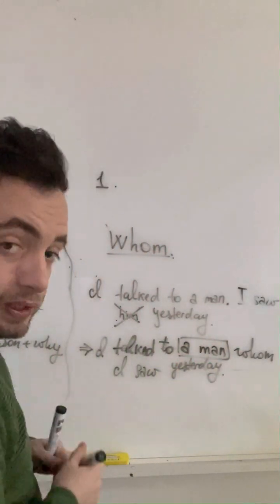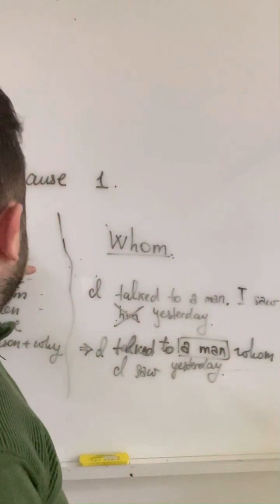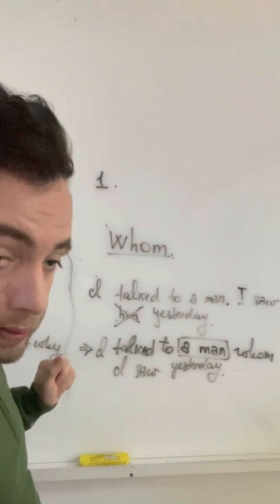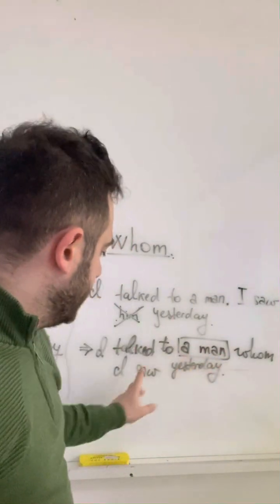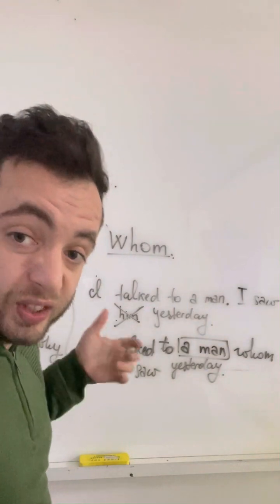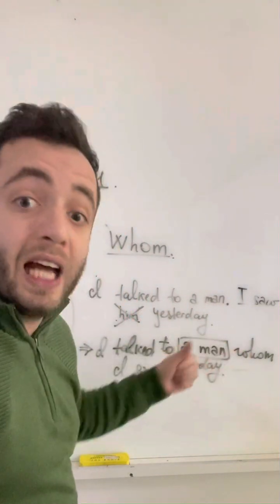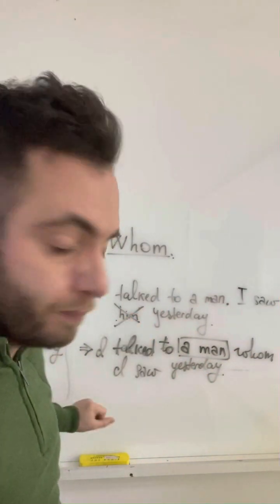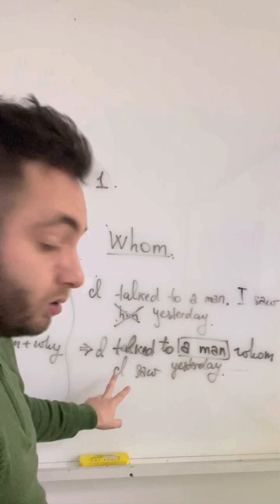If you compare the use of whom as an object to the use of who as a subject, the difference is that here we use a person, then whom, then a clause. But with who, we knew that it was a person, who, and a verb, a predicate. Here we do not use a predicate, we continue with another clause.